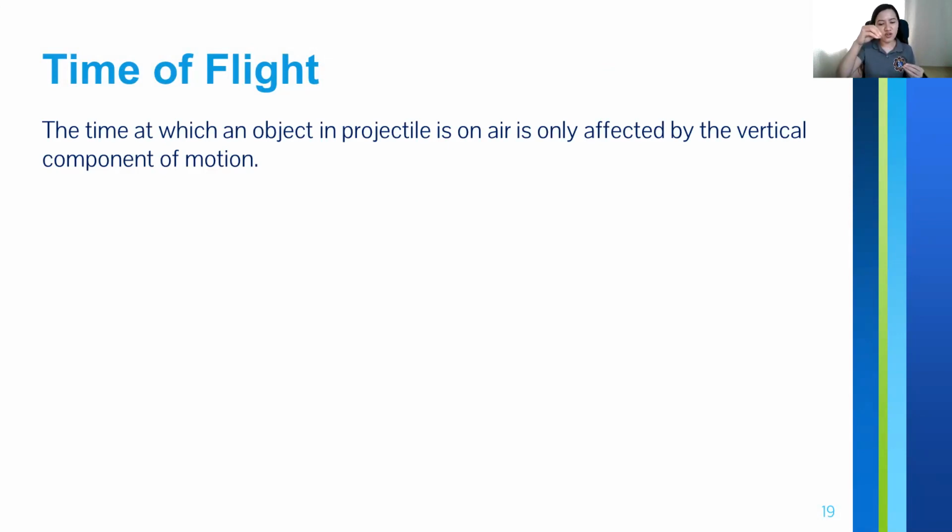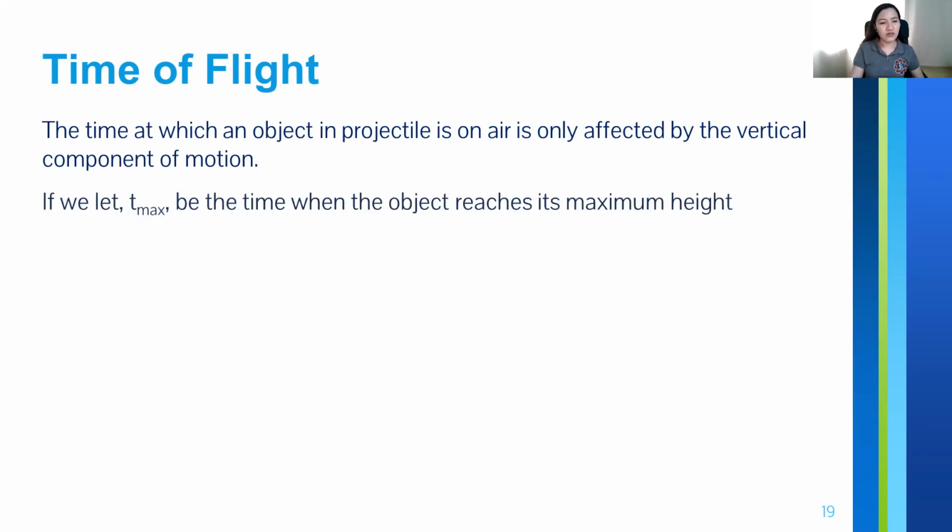So again, as long ang time nga ang factor nga naka-cause niya nganong ingana siya kadugay na mo stay on air, like the time it would take for this object to reach this position, or the highest point, or maybe go back to the ground, the factor that only affects it is the vertical component of the motion. So again, walay labot si horizontal.